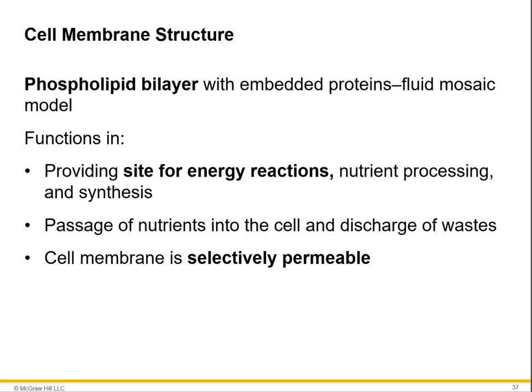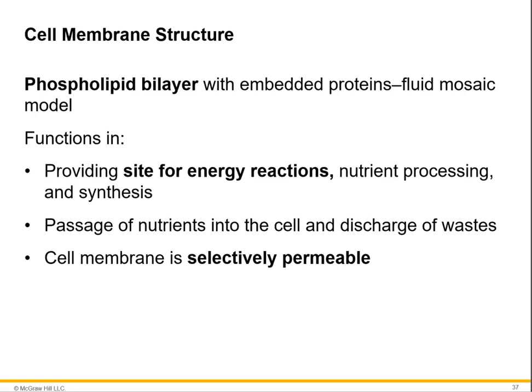And now we're going to talk about the cell membrane, which both gram-positive and gram-negative organisms have. The cell membrane is going to be composed of a phospholipid bilayer, and I'll show you what that looks like in a second, with proteins embedded in it. And the way that these proteins move throughout the phospholipid bilayer is called the fluid mosaic model, and I'll talk a little bit more about that in a minute.